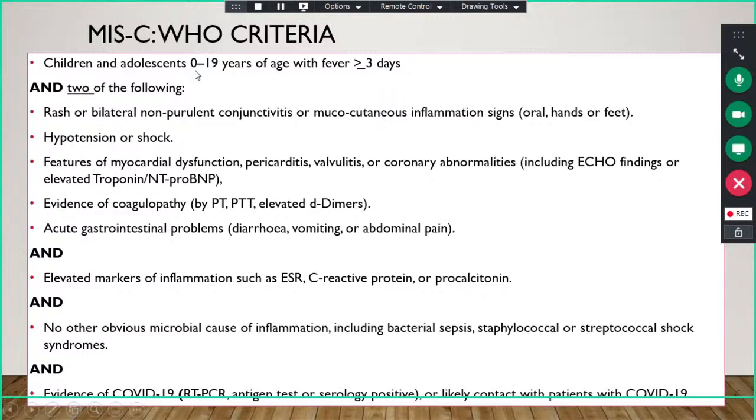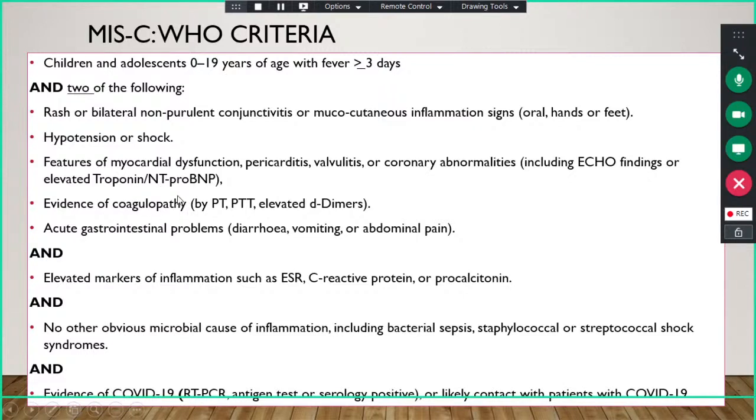So the criteria for diagnosis of this multisystem inflammatory syndrome in children is children and adolescents 0 to 19 years of age presenting with fever for more than 3 days and having two of the following: rash or bilateral non-purulent conjunctivitis or mucocutaneous inflammatory sign like oral, hands or feet, hypotension or shock, features of myocardial dysfunction, pericarditis, valvulitis or coronary abnormalities including echocardiographic finding, elevated troponin or pro-BNP.